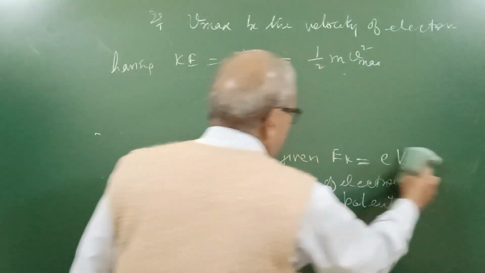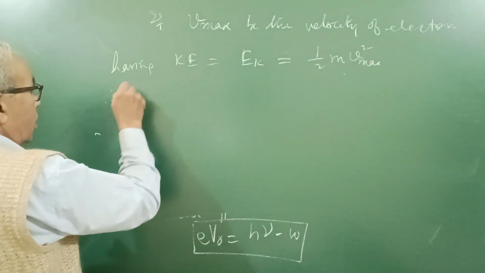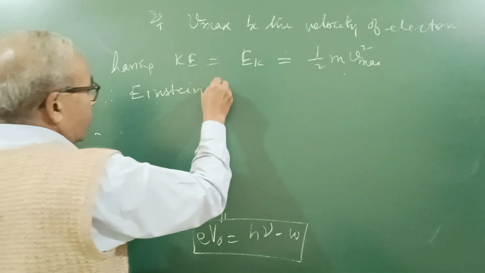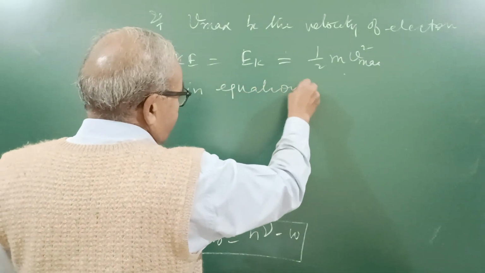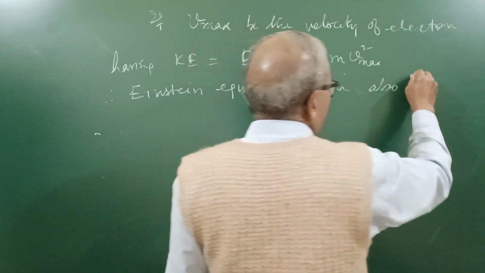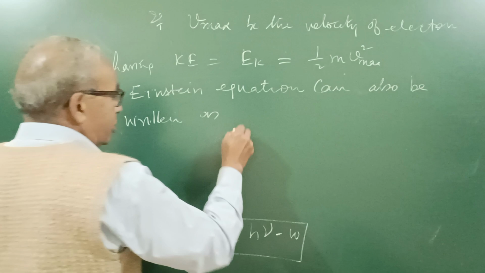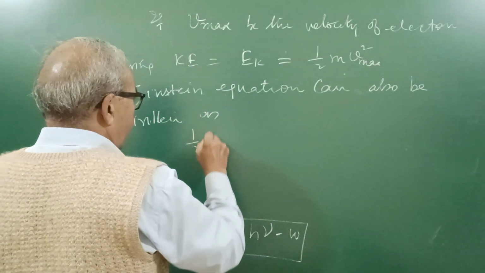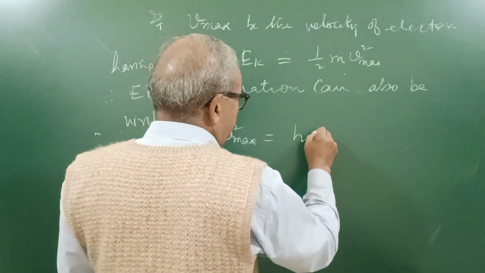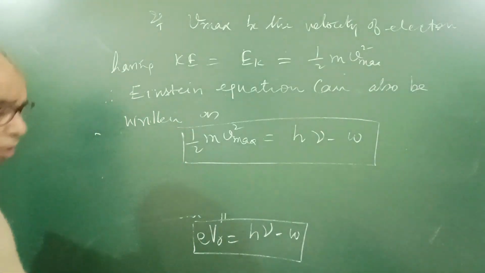Therefore, Einstein's equation can also be written as half m v maximum square equal to h nu minus w. This is also used.